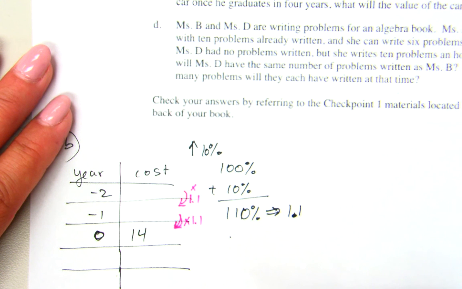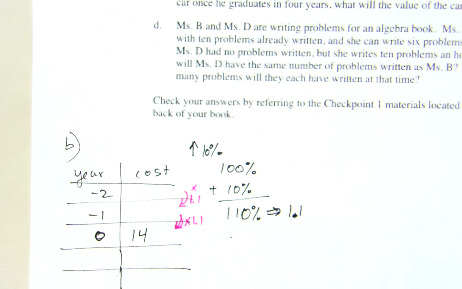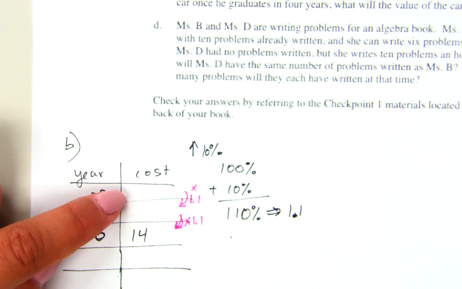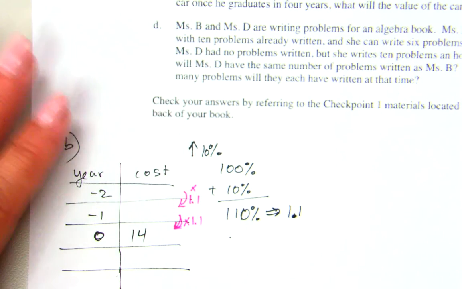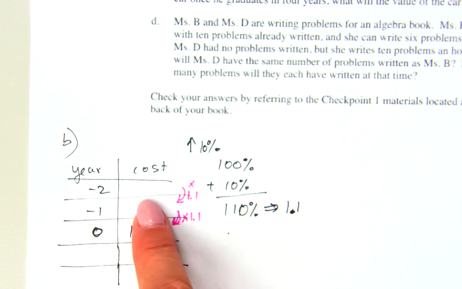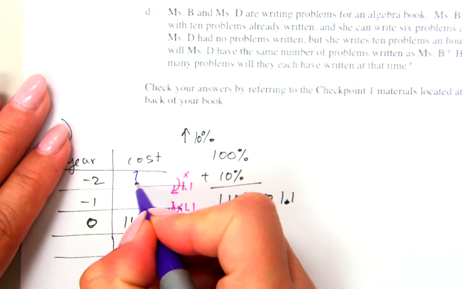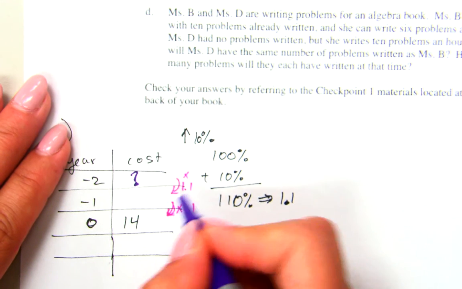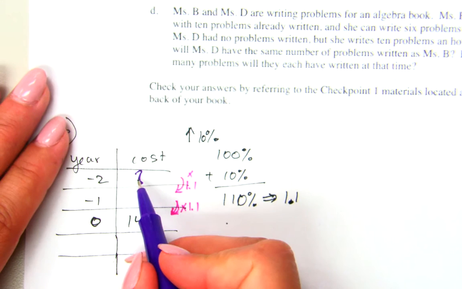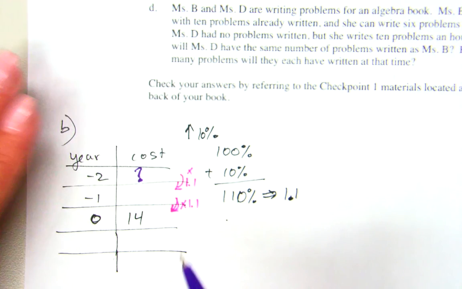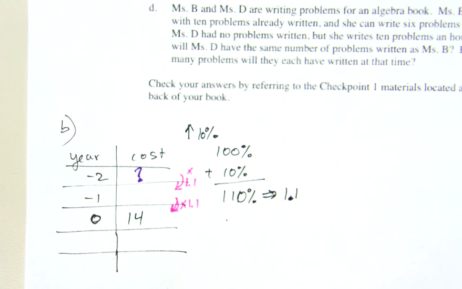Remember, it's increasing by 10%, so if something is increasing, it should have come from something smaller. You should get something smaller than 14 up here. Whatever you get, I'm going to put a question mark here. Remember, you divide once and then divide again. Whatever you get for the question mark is how much it cost 2 years ago.